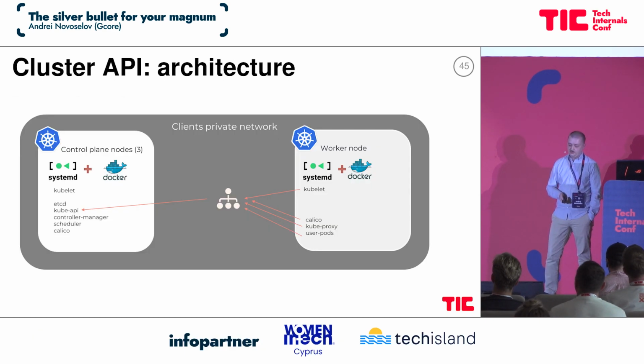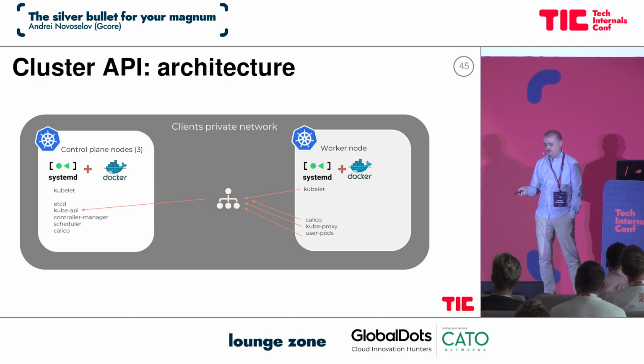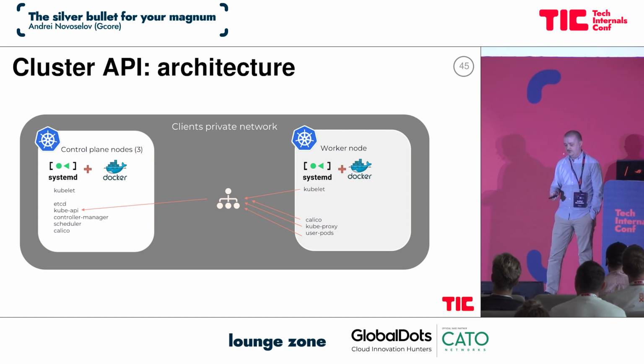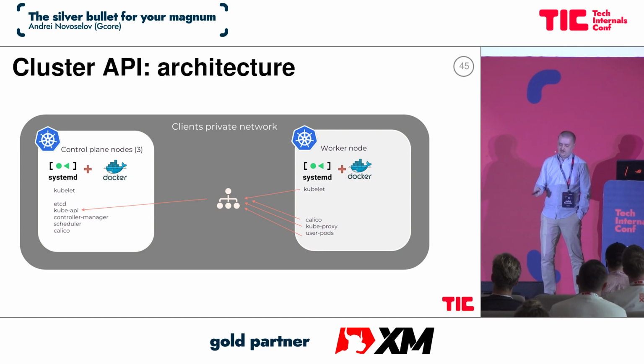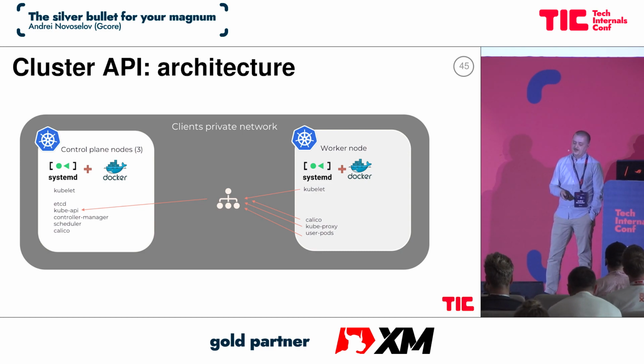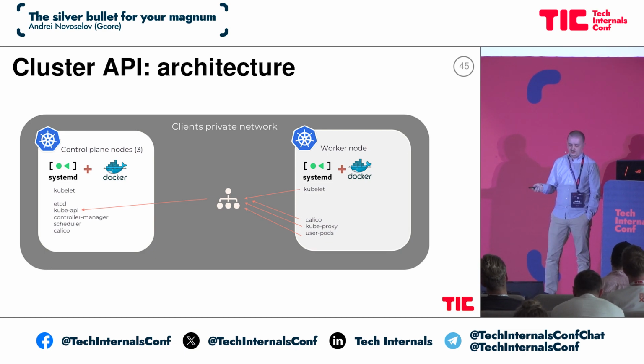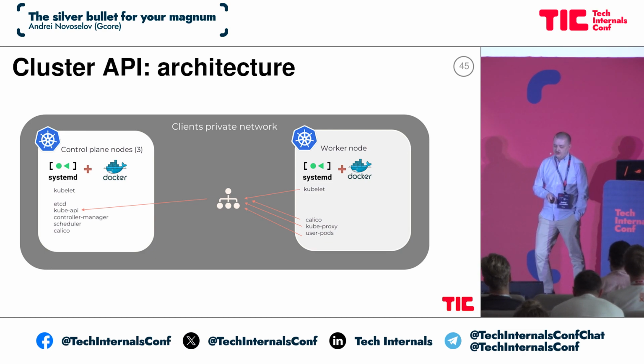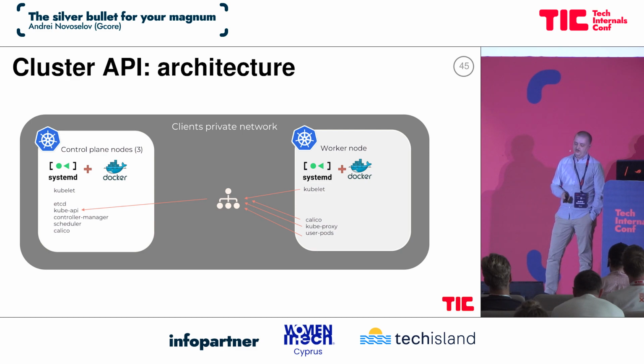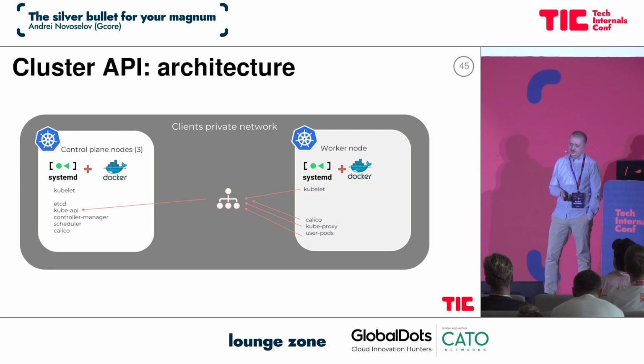So this is how it looks in vanilla. Pretty much the same, but fewer load balancers. We have a client private network. We have at least 3 control plane nodes and as many worker nodes as you want. On every node, in systemd, we have a kubelet run by a container runtime. We use CRI-O, but it might be Docker or containerd.